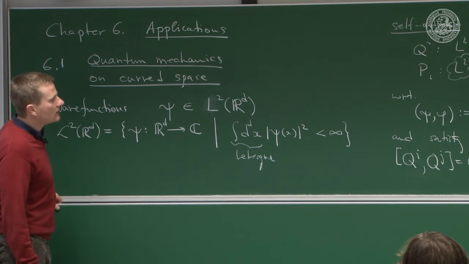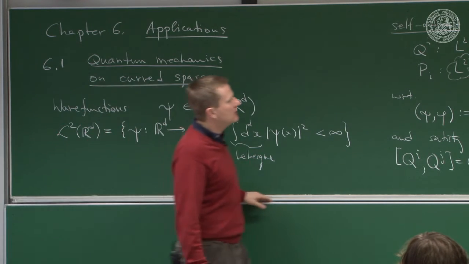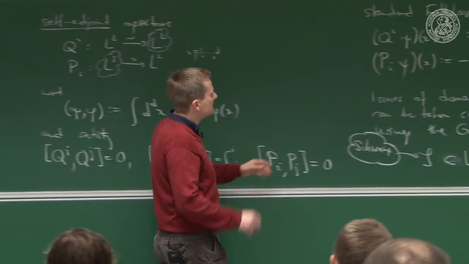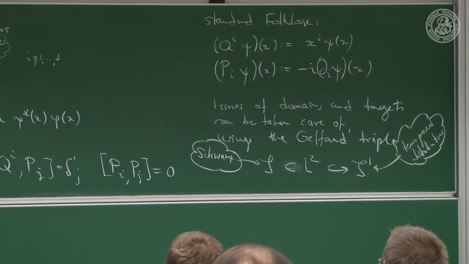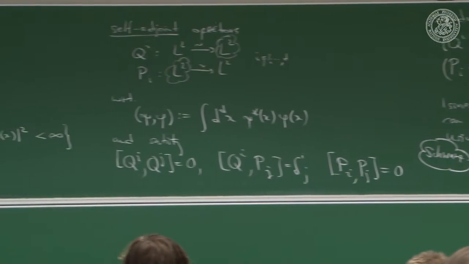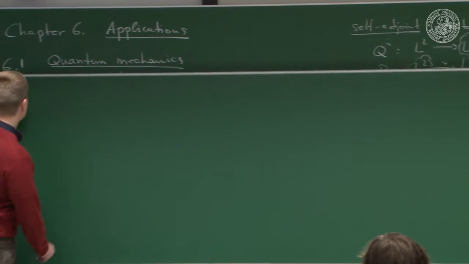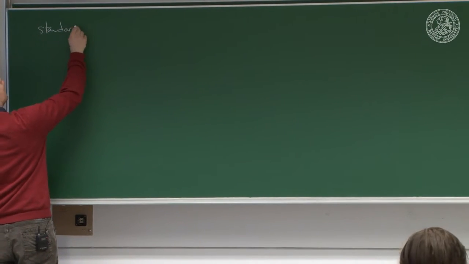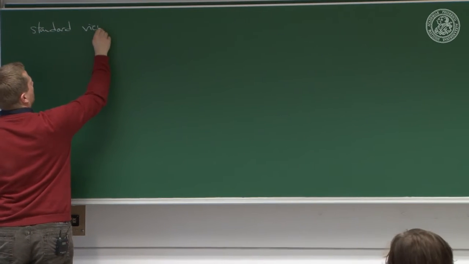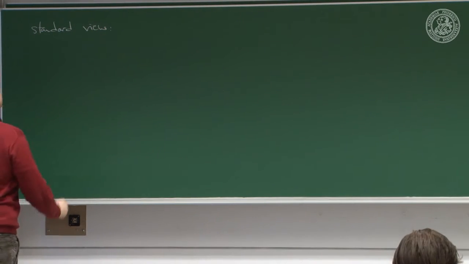First, however, we quickly check that, for instance, this P and the Q have the right properties. The standard view works like this.